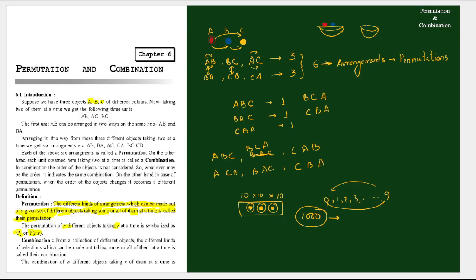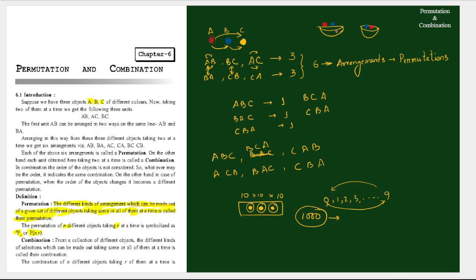In the second scenario, we took the blue ball first, then we take the red ball second. But finally, what you have got is red and blue. Here also you have got red and blue. So the balls have a combination of two colors, red and blue.